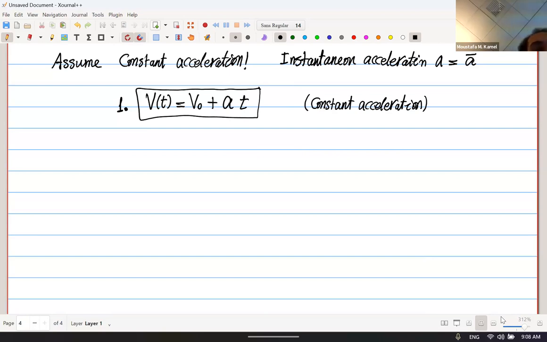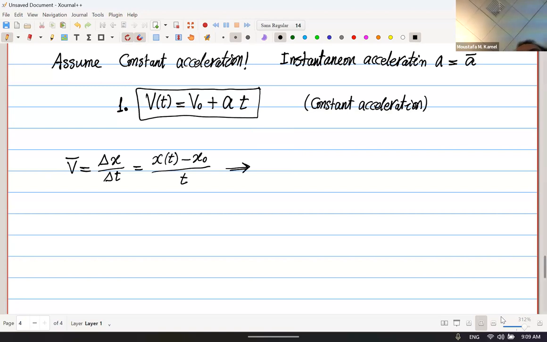So we defined average velocity as the change in position over change in time. And we said this is equal to position at any moment of time minus initial position over the time elapsed, right?